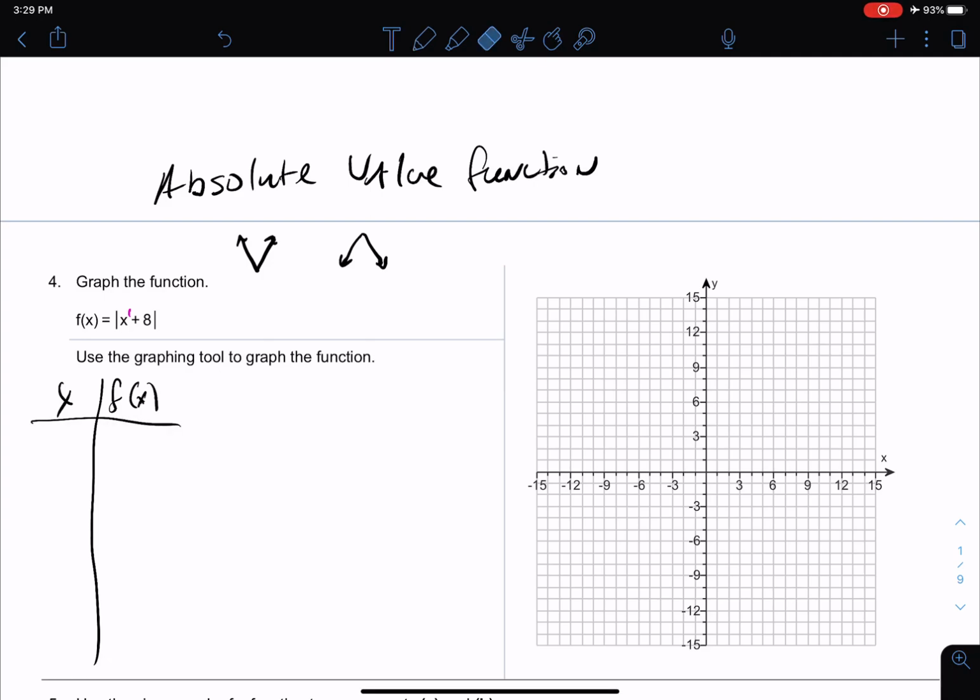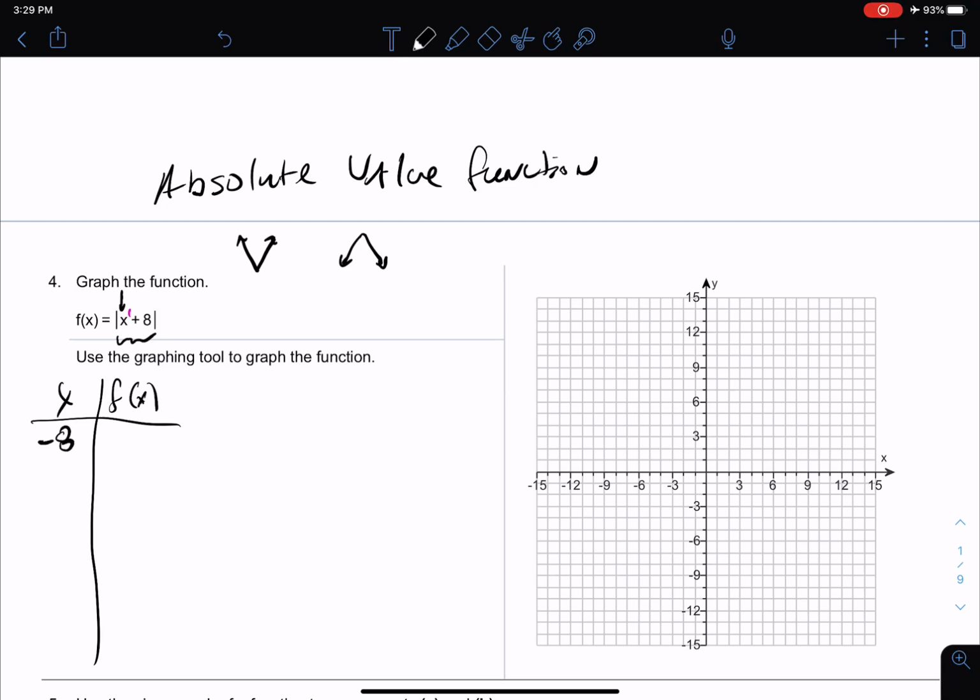My advice to you is to try to put a value in for x that'll make that whole expression 0. What value for x will make this expression, before you take the absolute value, 0? And that is going to be a negative 8. Because that's always a good starting point for these absolute value functions: what makes the value inside the absolute value 0.